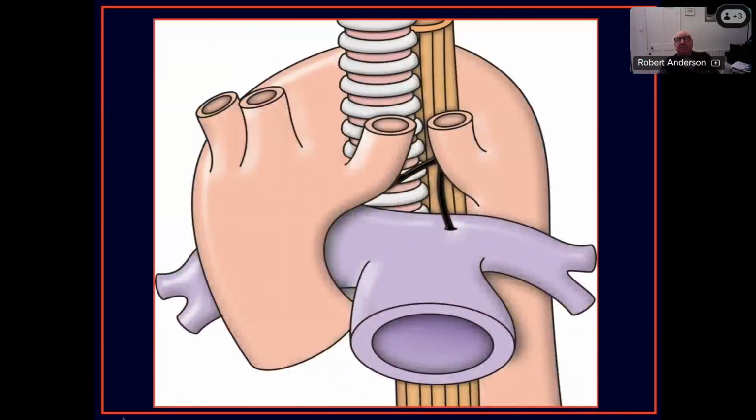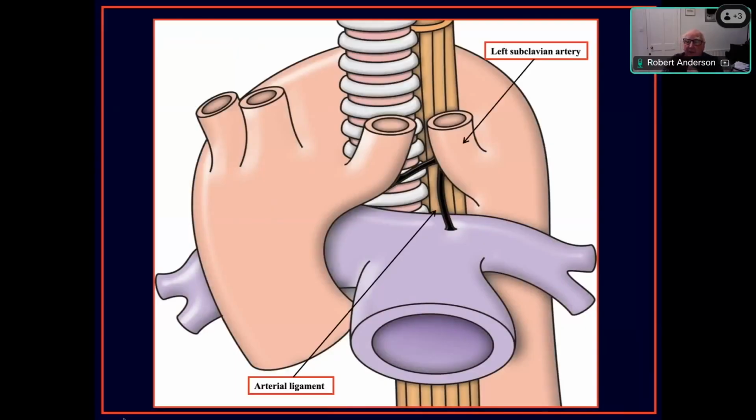And here is a picture showing you that situation where we have a tight ring reflecting the presence of these atretic fibrous segments. One formed by the arterial ligament, extending from the left subclavian artery to the left pulmonary artery, but then the presence of the second ligamentous remnant joining together the left subclavian and left common carotid artery.